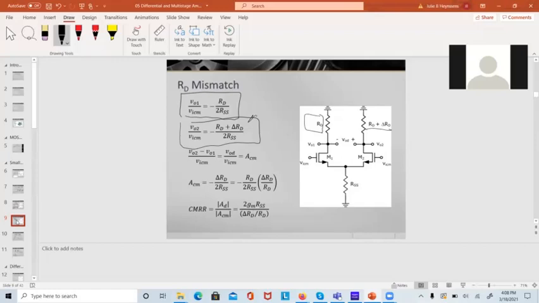When I subtract the two from each other, the algebra comes out: my common mode gain is no longer 0, it's delta RD over 2 RSS. To make this simpler to calculate, I multiply by RD over RD. So I end up with RD over 2 RSS times delta RD over RD. This is pretty much the percent of mismatch.